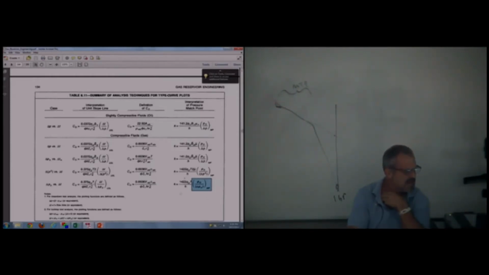I get that number because I know perm. Okay, so KH divided by 1422 QT is the ratio of pseudo pressure and delta pseudo pressure. So once I know that ratio, I can multiply and get on my dimensionless type curve.